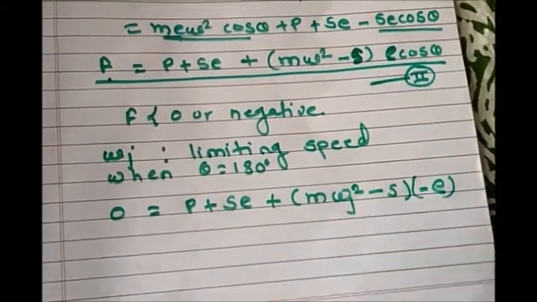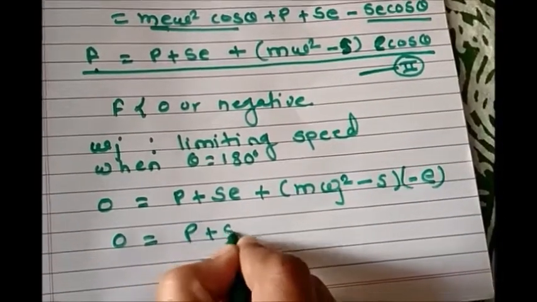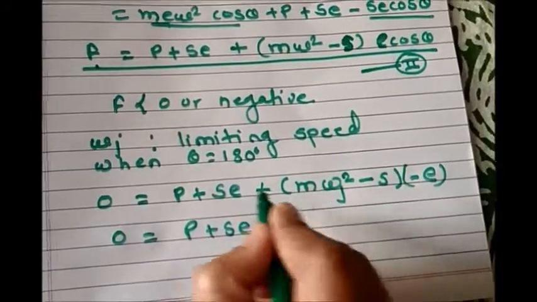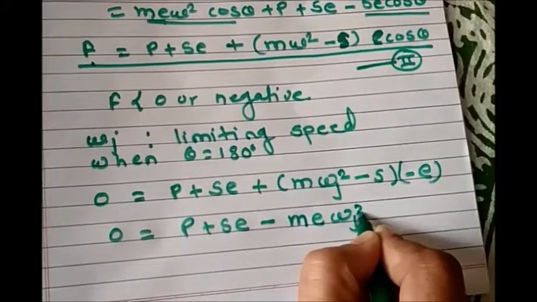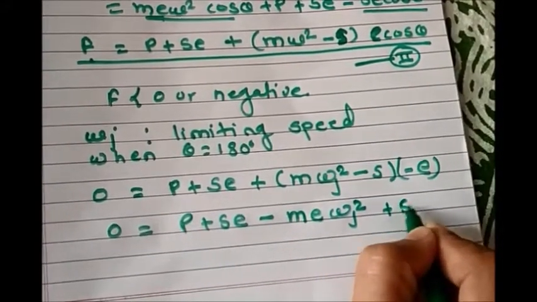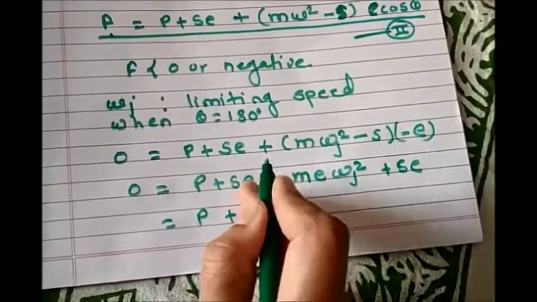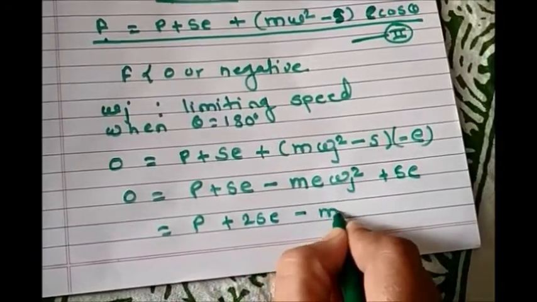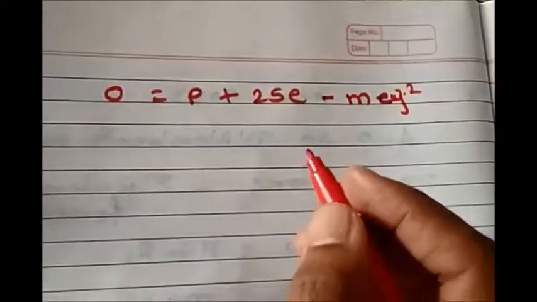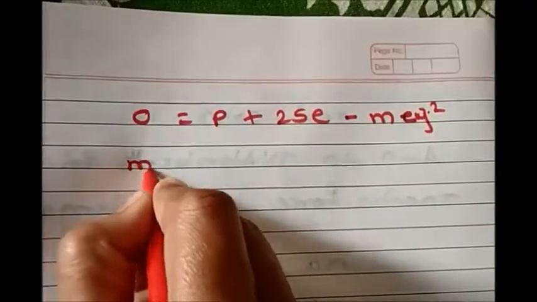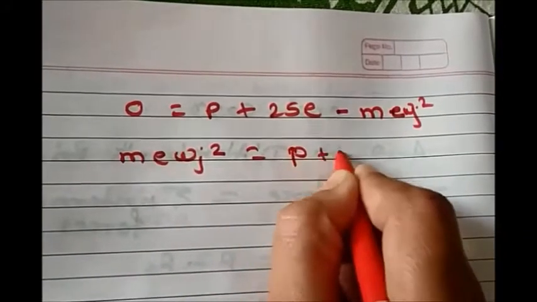So let's rearrange and simplify the equation. 0 equals P plus S e. Now let's multiply minus e to this term: m e omega j square, minus minus, plus S e. Now this becomes P plus 2 S e, minus m e omega j square equal to 0. Let's take the m e omega j square term to the other side, so we get P plus 2 S e.